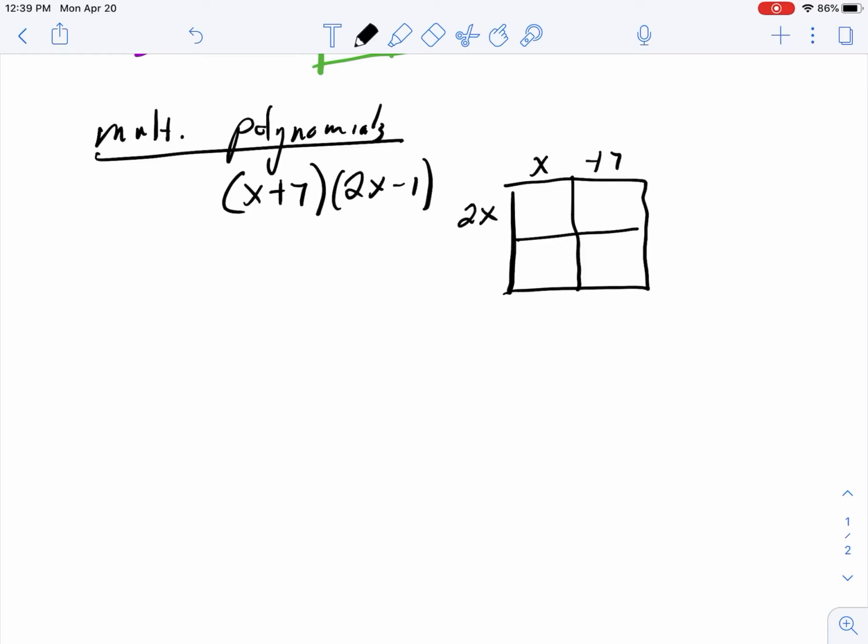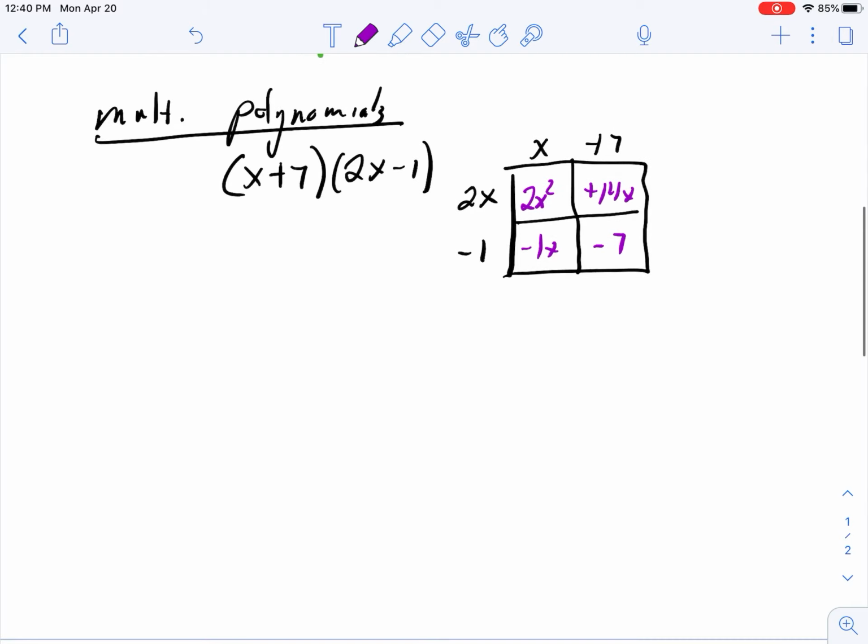And you have x plus 7, 2x minus 1. So then we get 2x squared plus 14x minus 1x minus 7. Now, there's a whole different ballgame going on here, so we're just doing the math now. So look for adding common values there. So I have 2x squared plus 13x minus 7, like so.